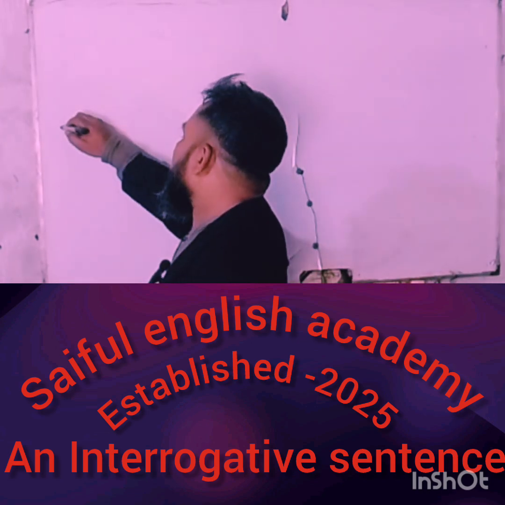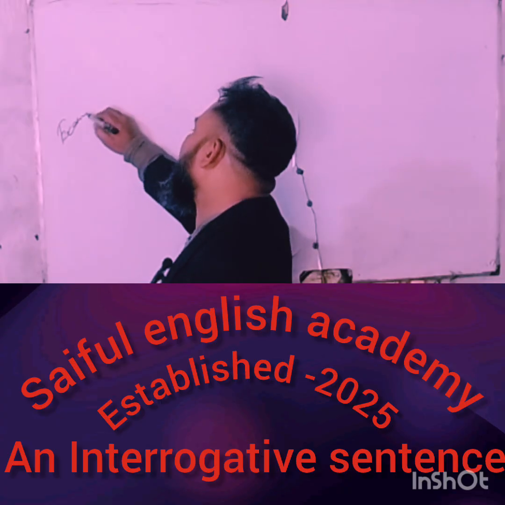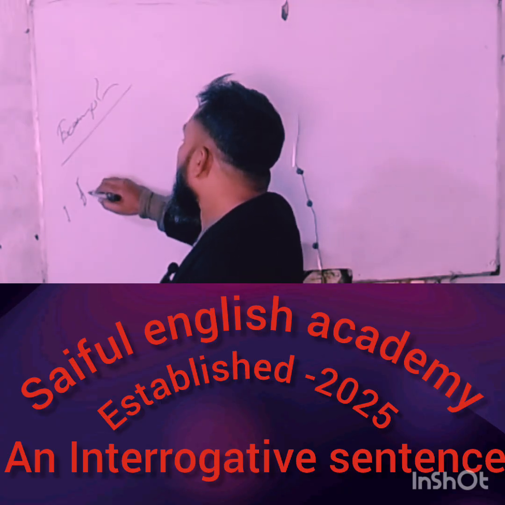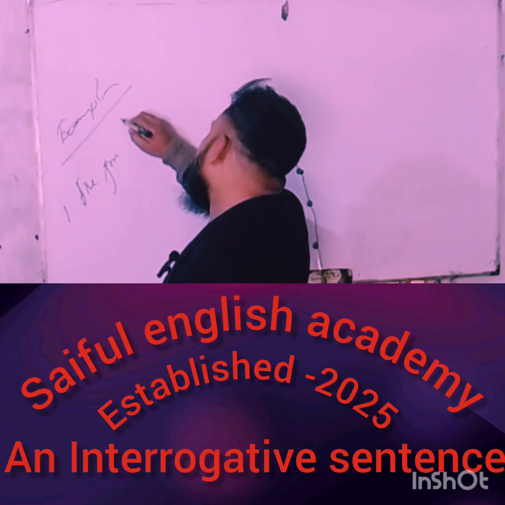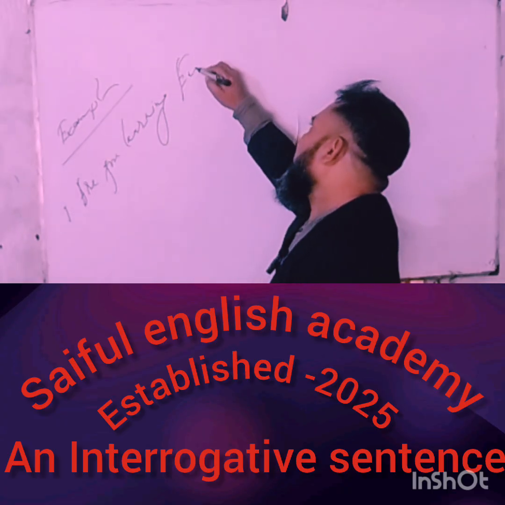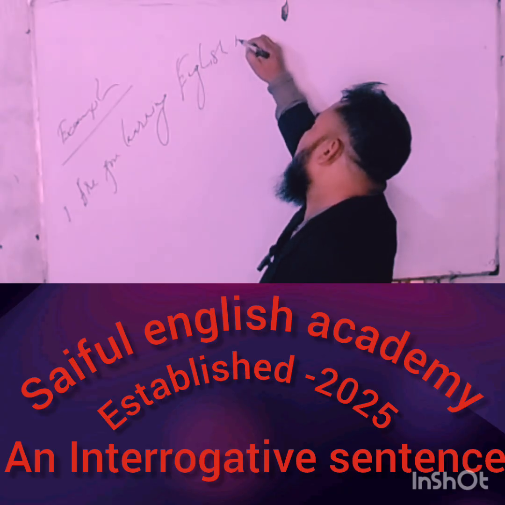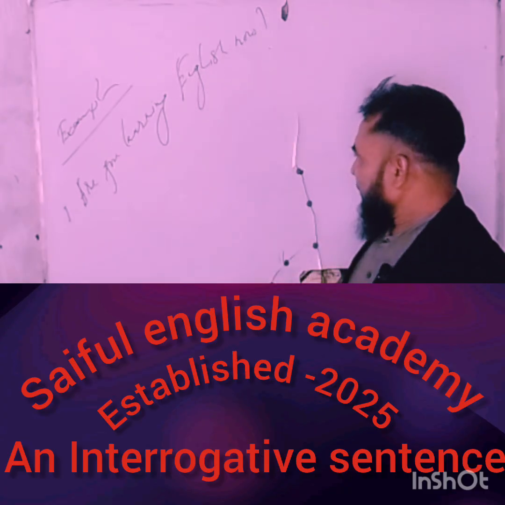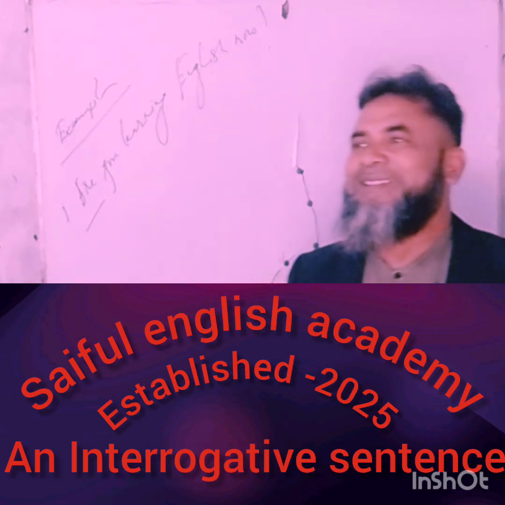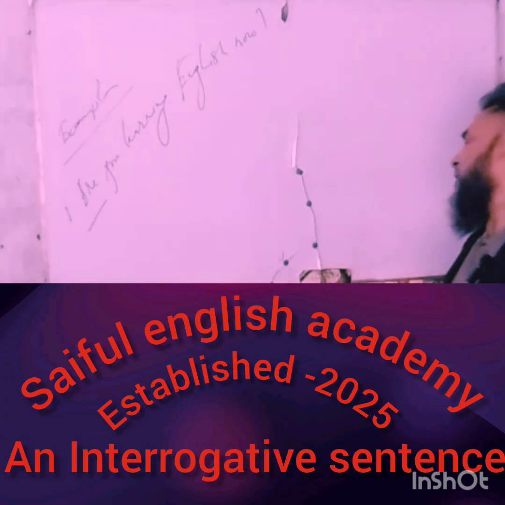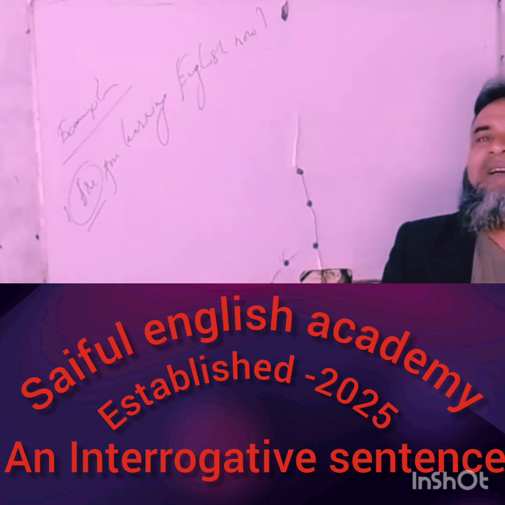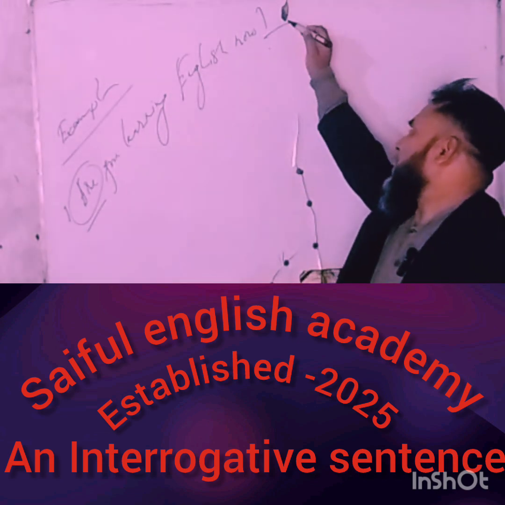Now I'm trying to show you some examples with reference to this. Suppose number one, are you learning English now? Are you learning English now? My dear learners, take a look at the board and try to understand. This sentence starts with an auxiliary verb, are, and finally ends with a note of question mark.